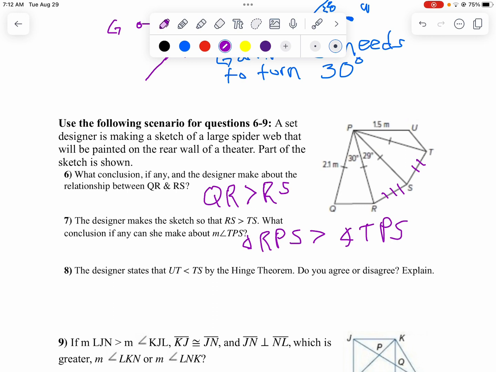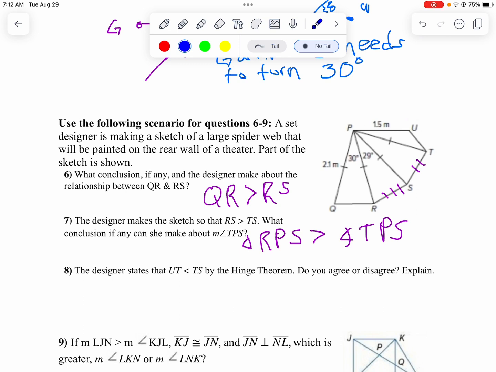Now, the designer tells us that UT is greater than TS. And our problem is we don't have enough information.